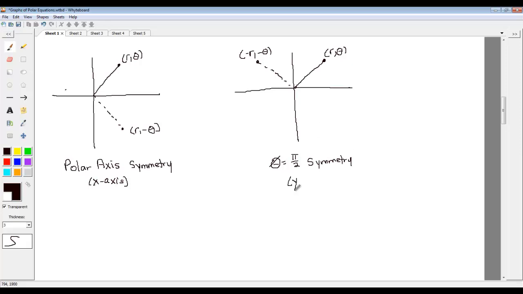Or basically y-axis symmetry. And if you have the point r theta and if negative r comma theta will work, then you have pole or origin symmetry.